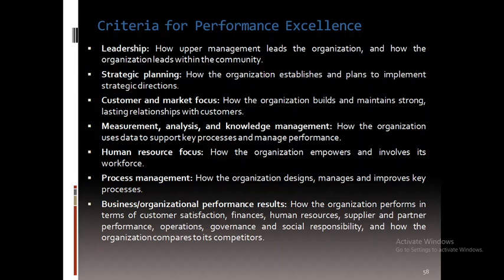Here you can see how the organization performs in terms of customer satisfaction, finances, human resources, supplier and partner performance, operations, governance, and social responsibility, and how the organization compares to its competitors.